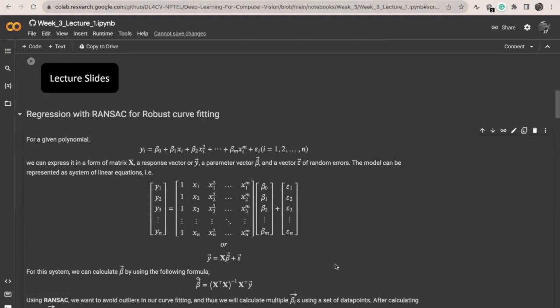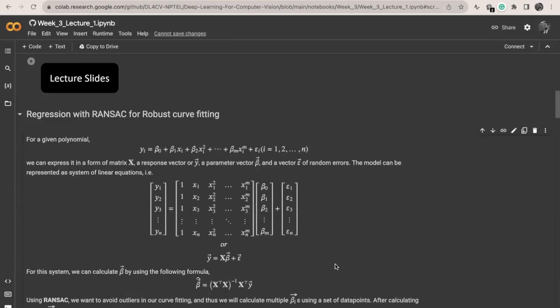Then we define a neighborhood around that line, and we count the number of points that come inside that neighborhood. The more points that come inside the neighborhood, the higher the score. At the end, we do this iteratively, and we always store the best line by storing its parameters as well as the best score corresponding to that line.